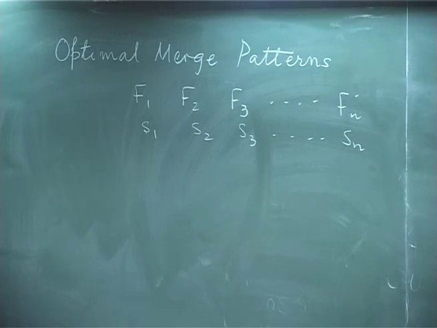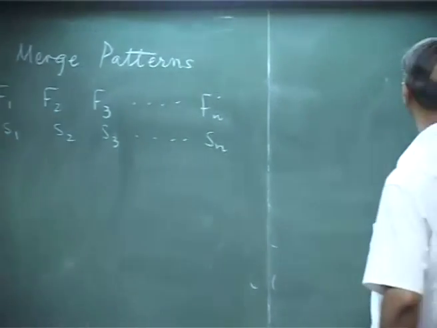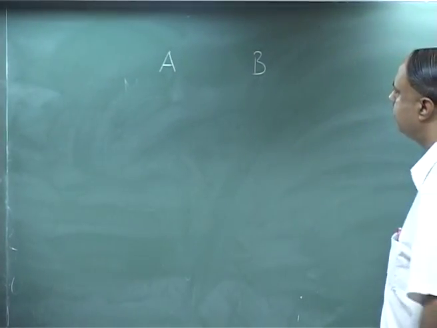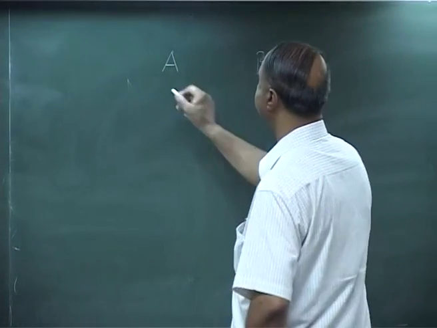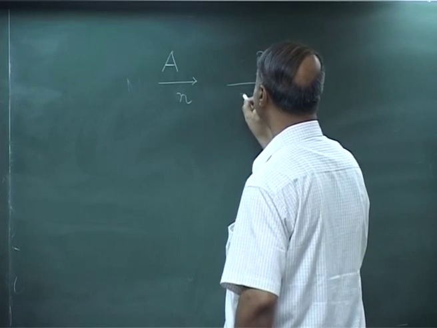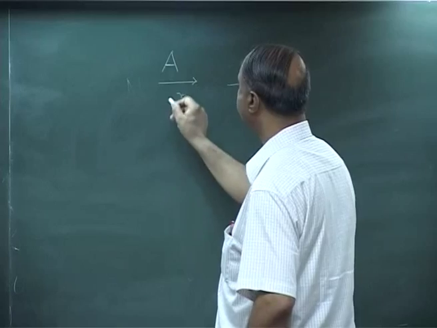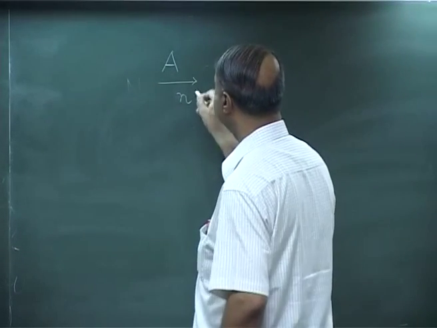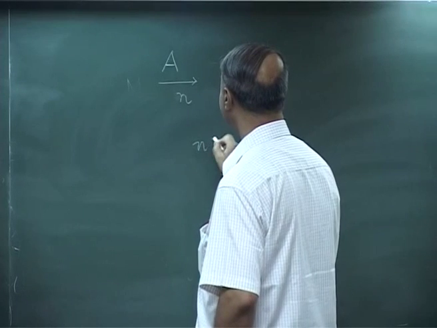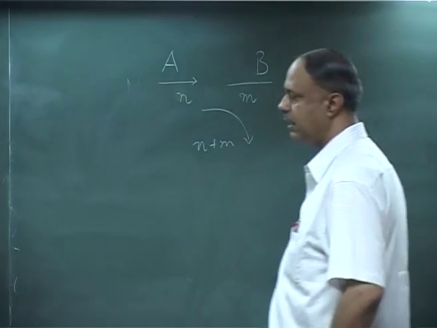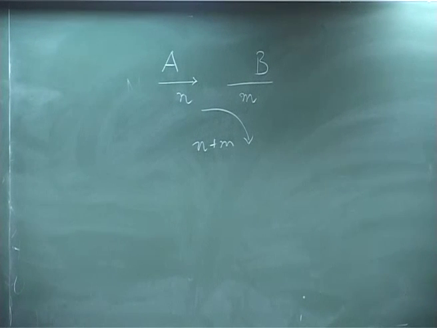So if I have a file A of size n and another file B of size m and you want to merge these two files, you need n plus m record movements for merging them.